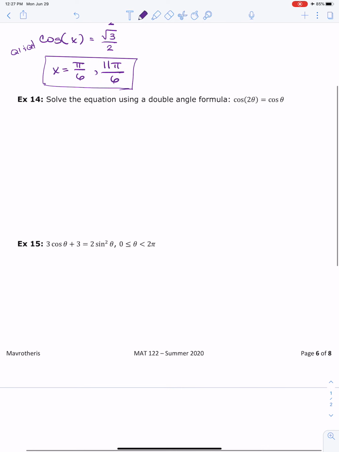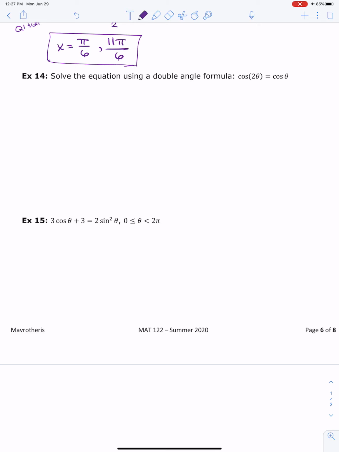Exercise example 14, solve the equation using a double angle formula. I got cosine 2 theta equals cosine theta. So let's talk about our double angle formula for cosine 2 theta here. If you remember, this one had multiple possibilities.